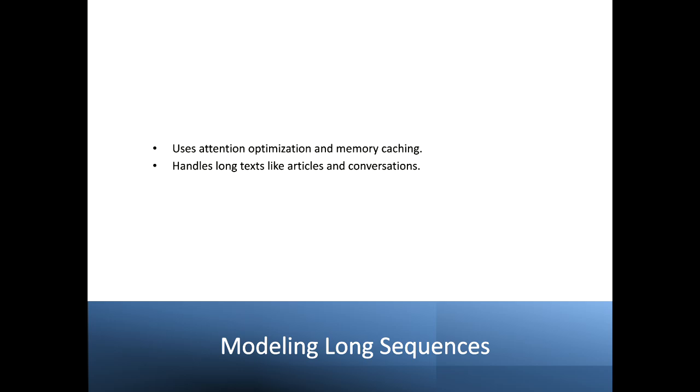Second, use smart training tricks like mixed precision or gradient checkpointing. And third, apply scaling laws to know when a bigger model is worth it. This is how we get models with billions or even trillions of parameters. That is nothing but the neurons of AI.